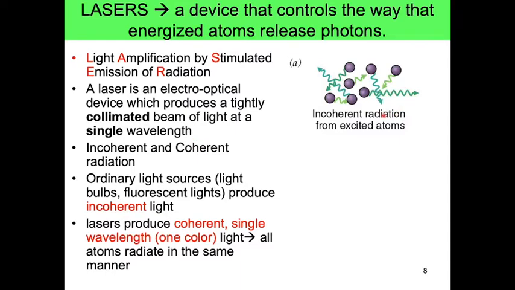Right. Ordinary light that we see is like this, incoherent radiation. When atoms are vibrating due to thermal oscillation, its motion is very random, right?